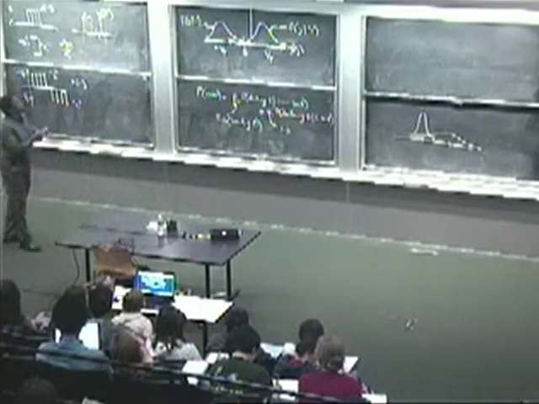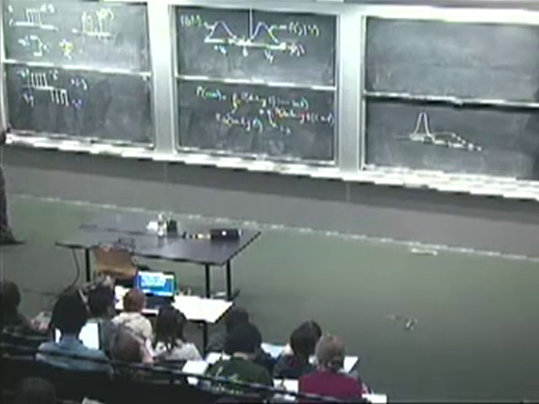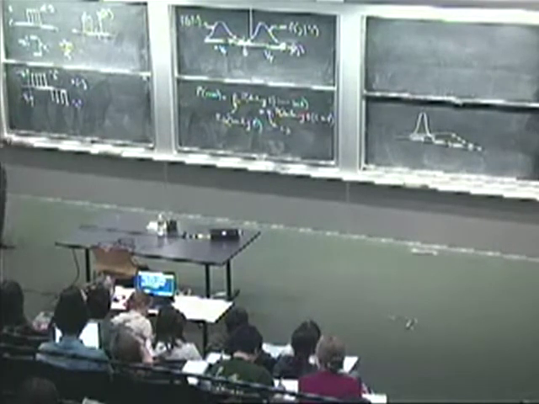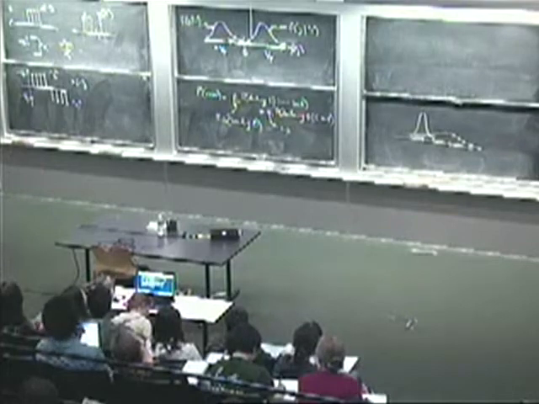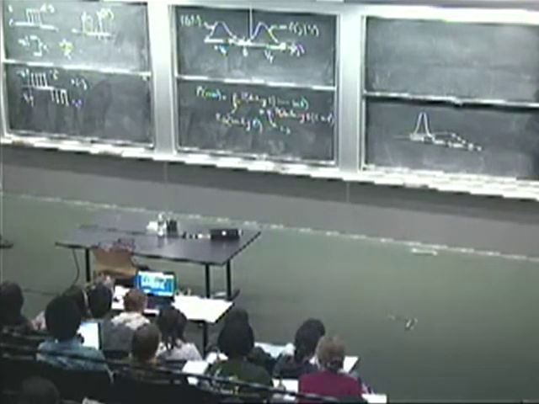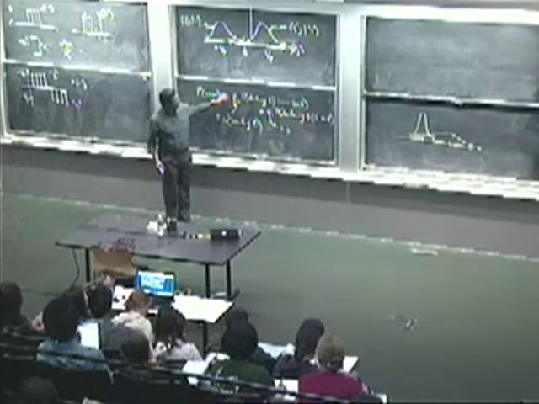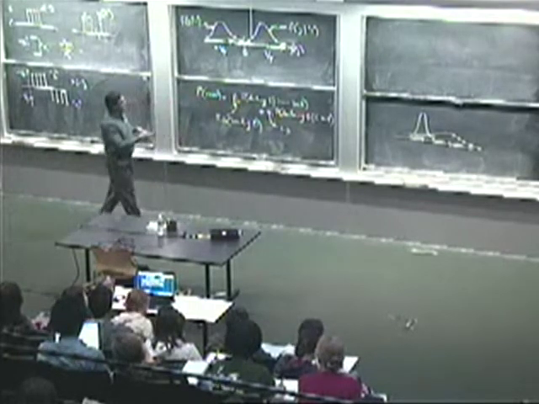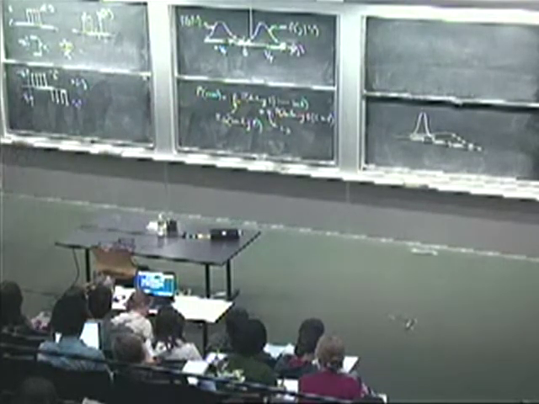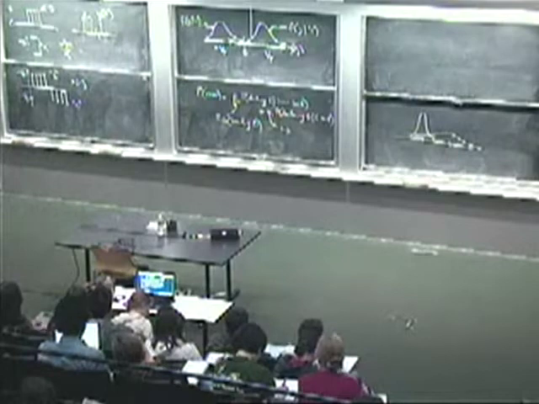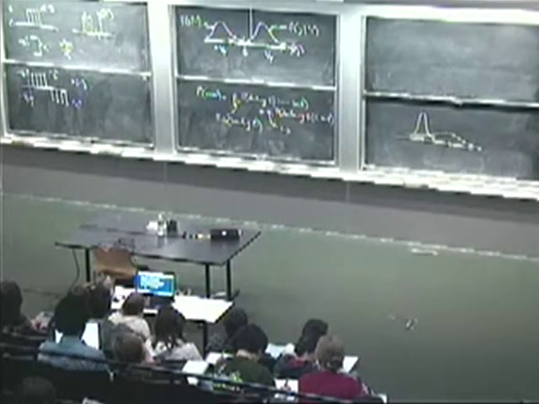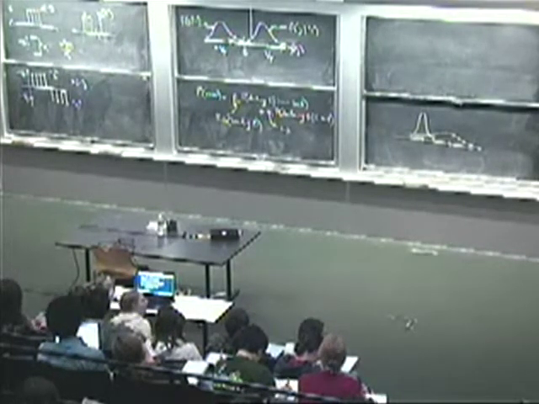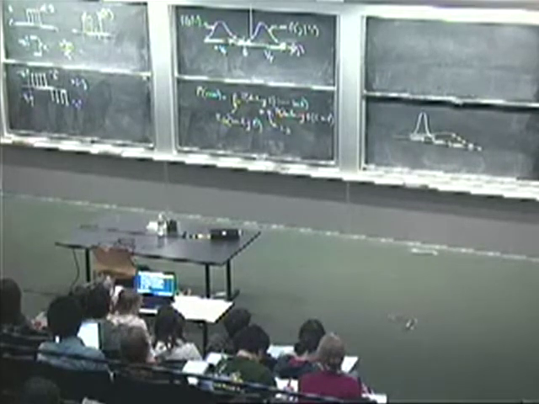And what you're looking at for the probability of error is 0.5 times the sum of those two areas under the tails. Well, in the symmetric case, these two areas are the same.